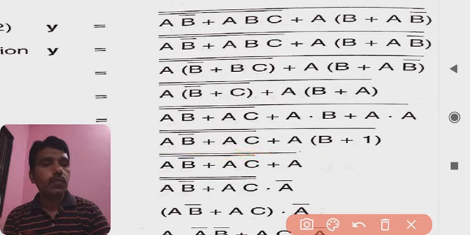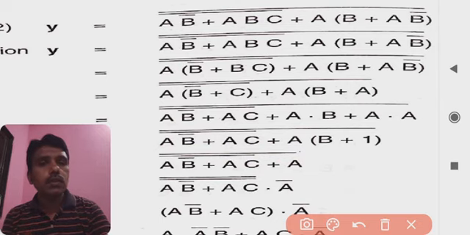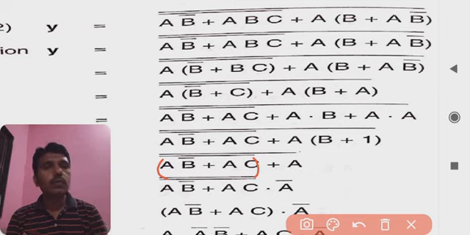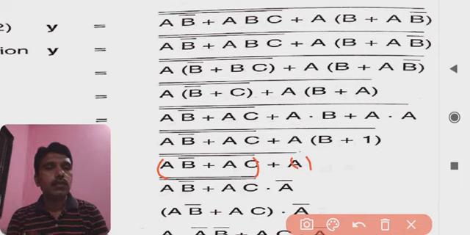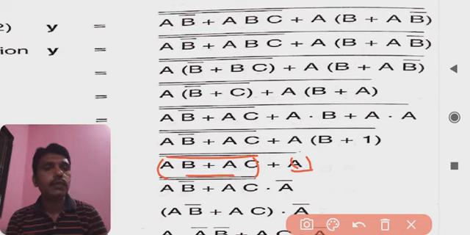Now here we can apply De Morgan's theorem, where this AB complement or AC is taken as one term, and this A is simply another term. Because the complement is there for this part, we have taken this as one term and this A as another term, and the sum is going on and the complement is there.